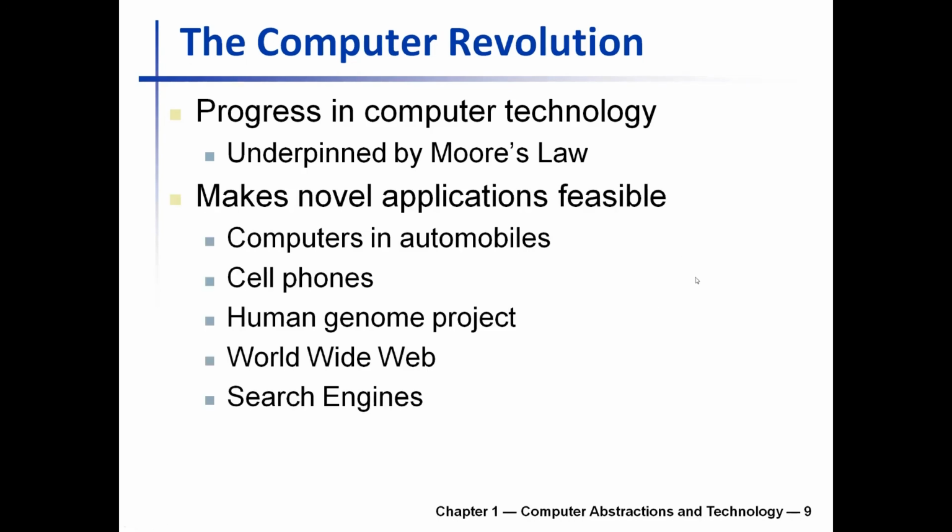Okay, so this increase in computational power, or the increase in the number of transistors on a computer chip, made a lot of things possible, right? Compared to several decades ago, we see really new, novel applications of computers everywhere.